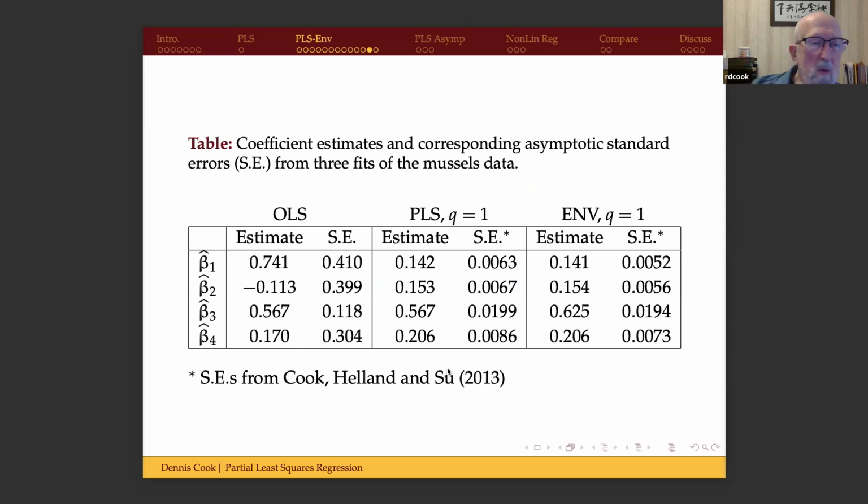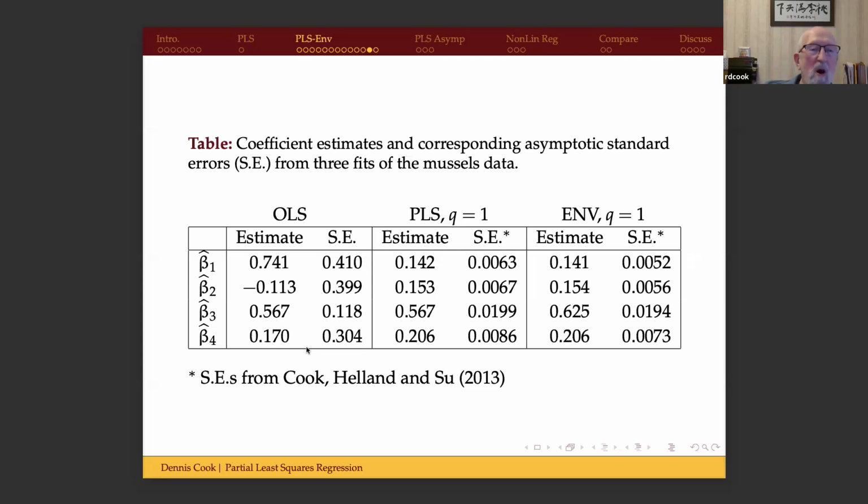If you stay within the OLS block and you were thinking of students in a first course in regression, what would they have been taught to do? Probably you'd look down there and say, well, there's only one predictor, the one corresponding to beta 3, that looks like it's significant given the others. So maybe I'm going to start deleting predictors one at a time and do a backward elimination. That's one thing that's taught in classes.